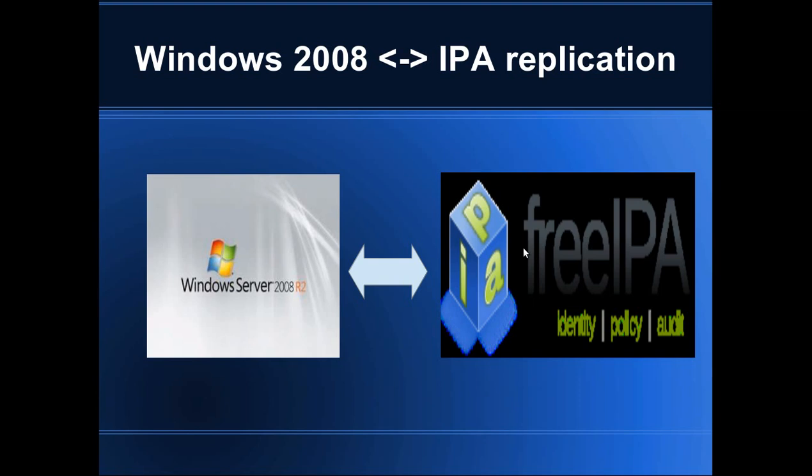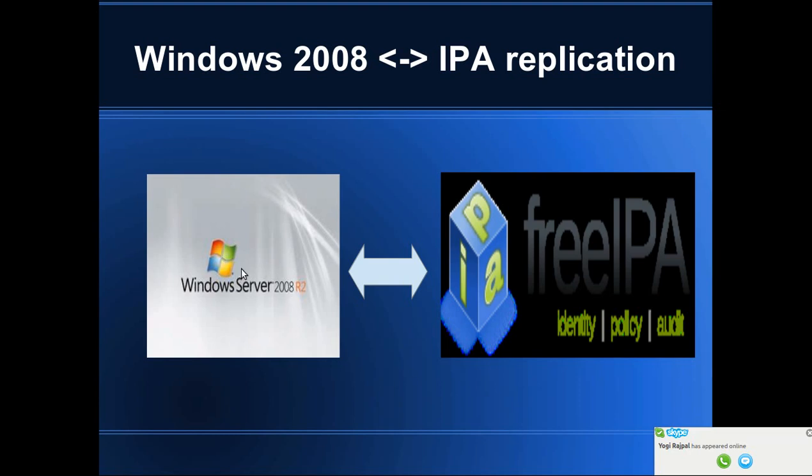If you modify on IPA, they get propagated to Windows 2008 server. So the user information is completely synchronized between the IPA and Windows server. The only difference is if you add a user in Windows, it will propagate to Linux, but addition of a user on IPA won't propagate to Windows.